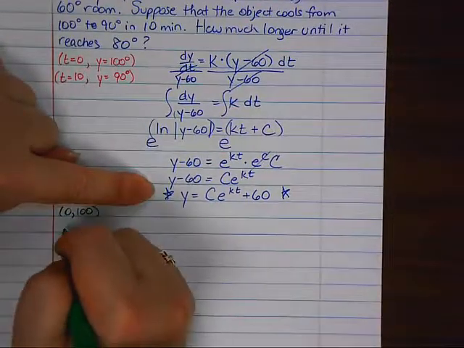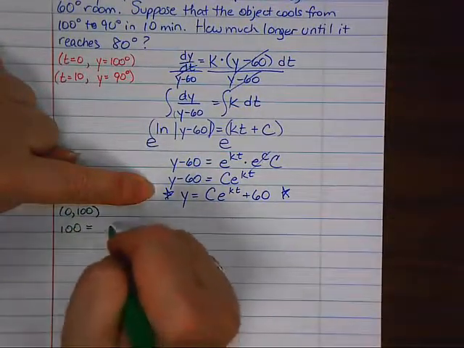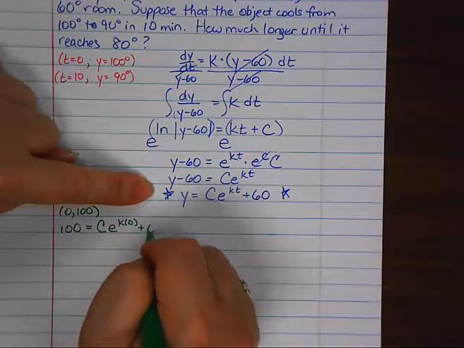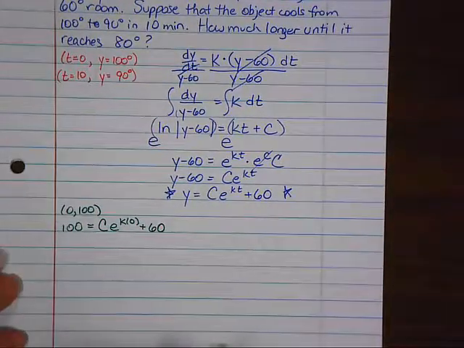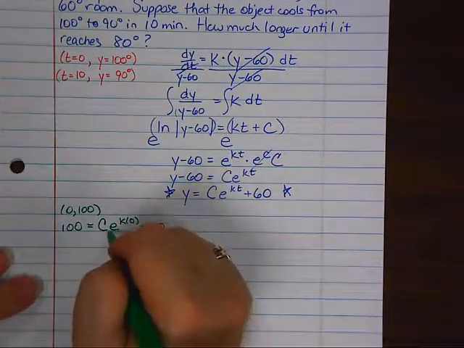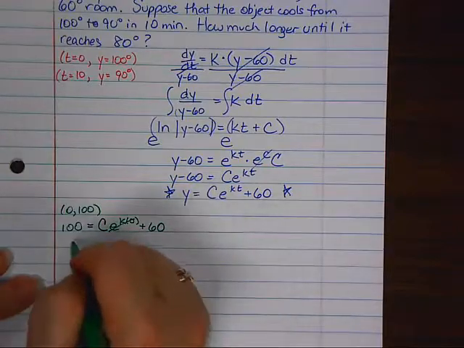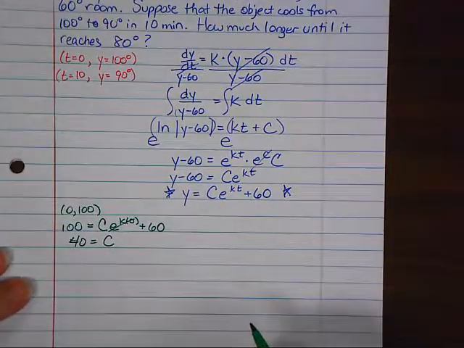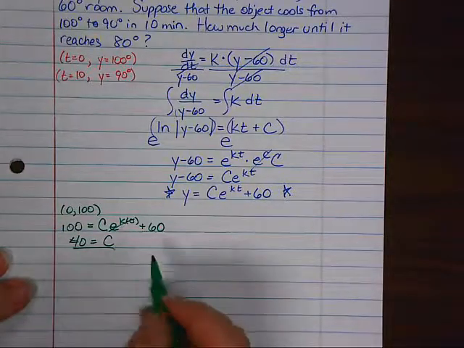100 equals ce^(k times 0) plus 60. e to the 0 is going to go away. Move the 60 over. c equals 40. Are we good with that? Yeah.